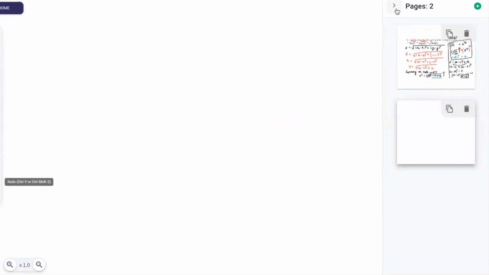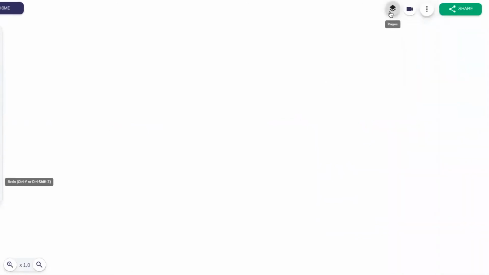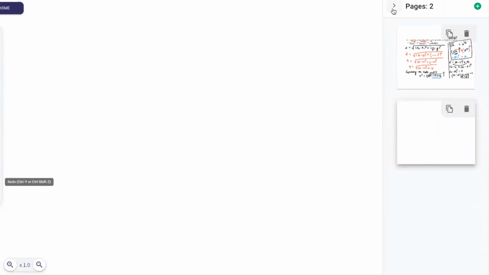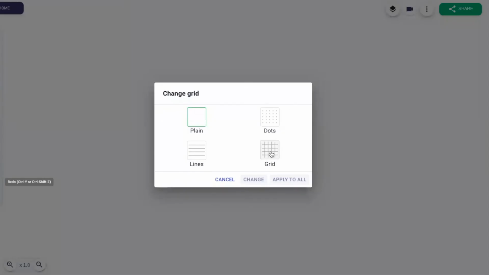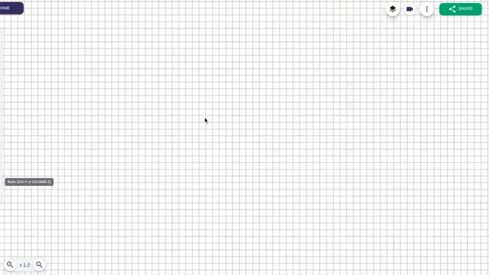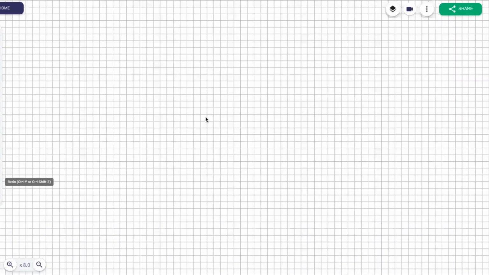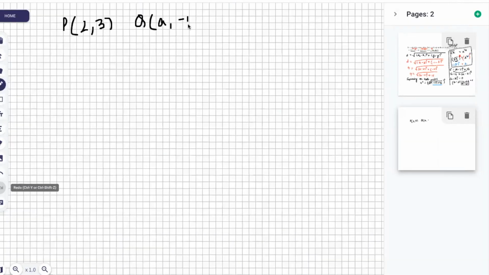For this, I will make use of a grid. Now I have a grid here, you can see on the board. A minus 1. For a, I already got the value, so it is 2 minus 1. And the distance between these 2 points is 4 units.